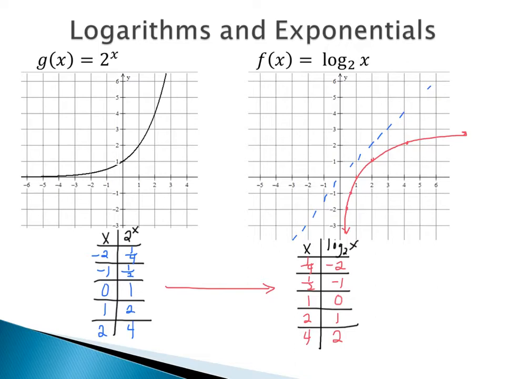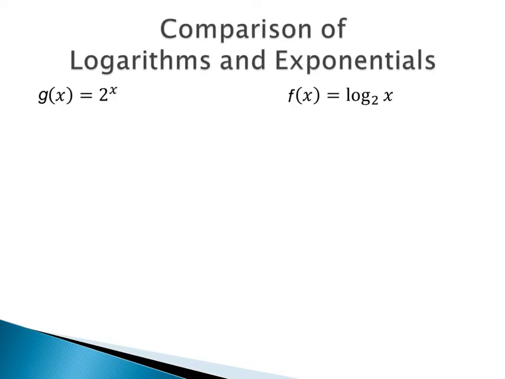Your log base 2 of x sort of levels off eventually as we're increasing, and it rides along the y-axis, whereas your 2 to the x would shoot up. So here is a way that we can graph our logarithmic function based on our exponential function, since they are inverses of each other.